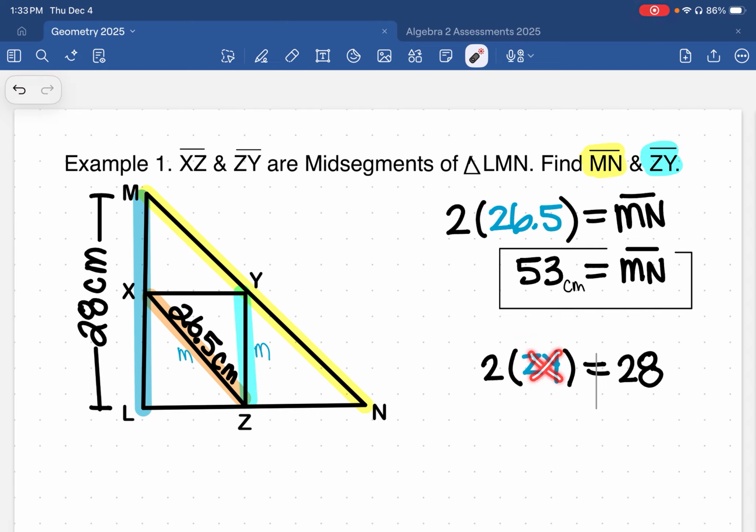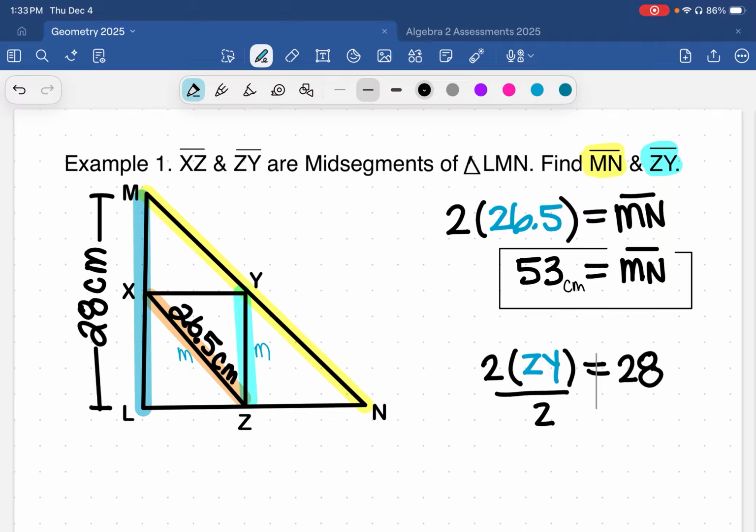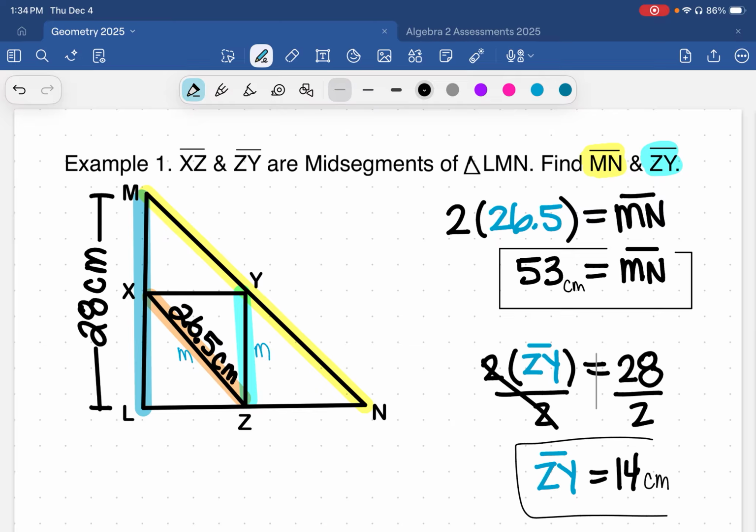How would you get rid of the 2? You divide. You're going to do the same thing here. Divide by 2, divide by 2, and we have ZY is equal to 14. Of course, I think Delta Math will give you the unit if it wants you to use it.